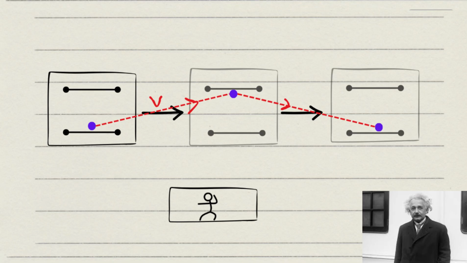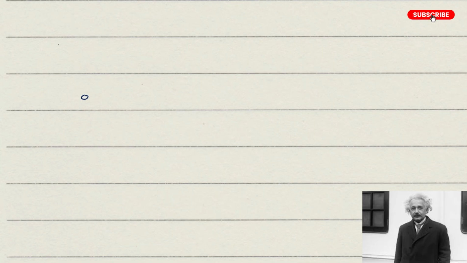Similarly, when the light pulse comes back down again, the time it takes from getting from the top mirror to the bottom mirror will mean that the spacecraft will have moved again slightly to the right. And so the pulse will not come down vertically, but at an angle. The observer says that the distance that the light pulse has travelled is further than 1 meter because it has gone up at an angle.